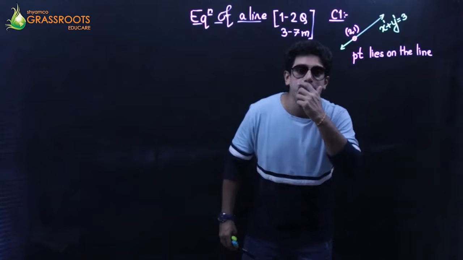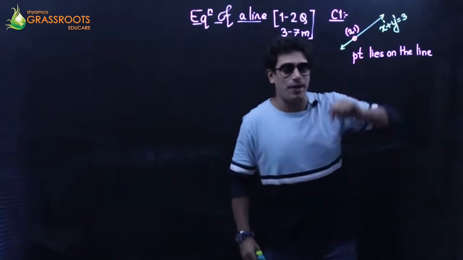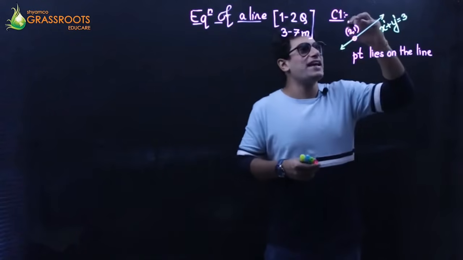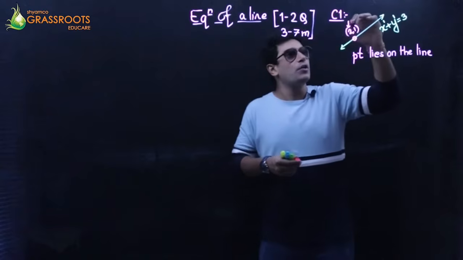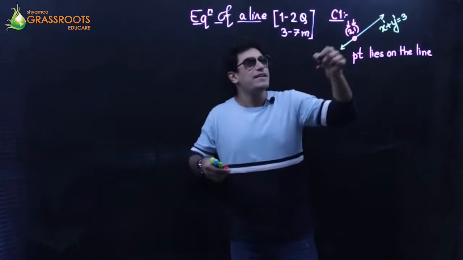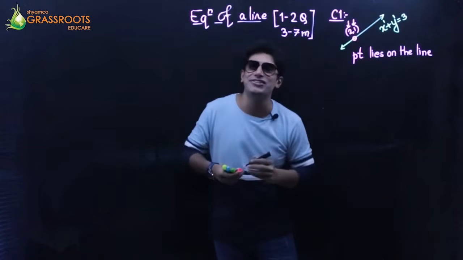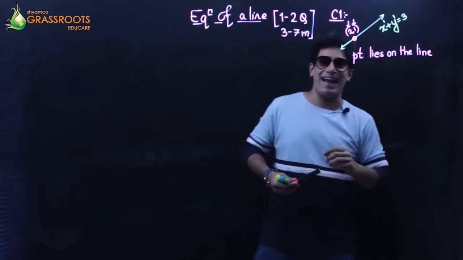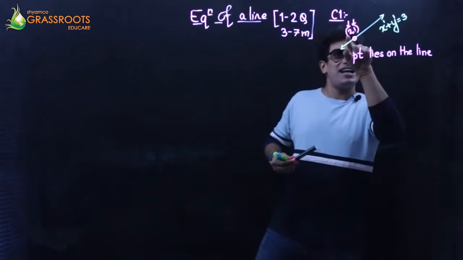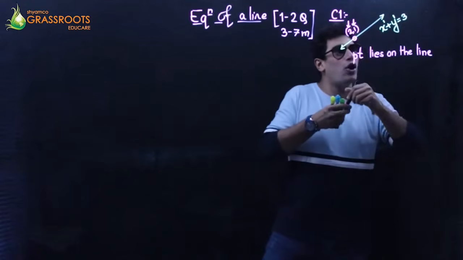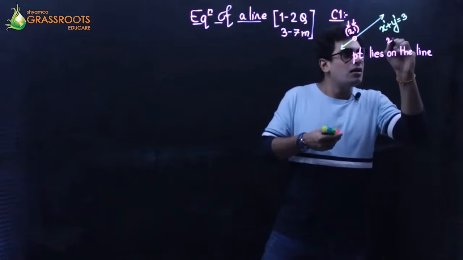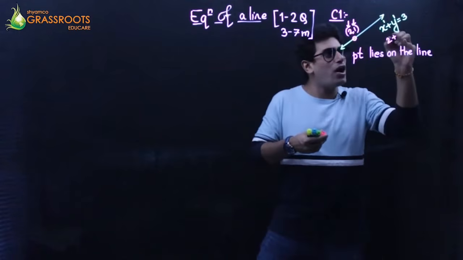Now, what do you mean by that? It means that when you substitute x as 2, y as 1, LHS will be equal to RHS. Come on, put x as 2, plus, put y as 1.